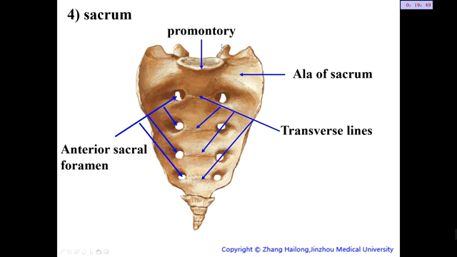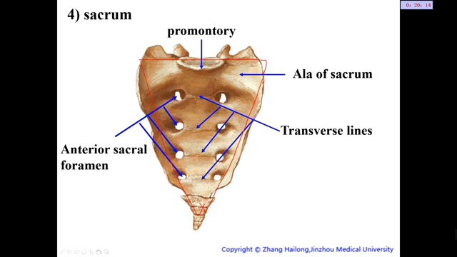The sacrum, this one is the sacrum. In adults, it's one sacrum, but in a child, you should know there are 5 sacral vertebrae. And the sacrum, please tell me what's the shape of it? Yes, triangular shape. On the top is the base of it.